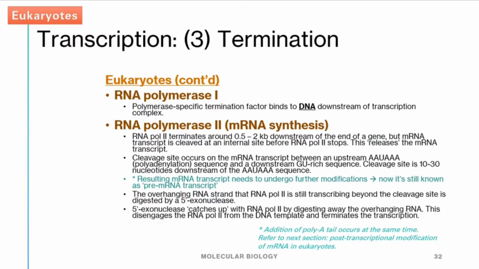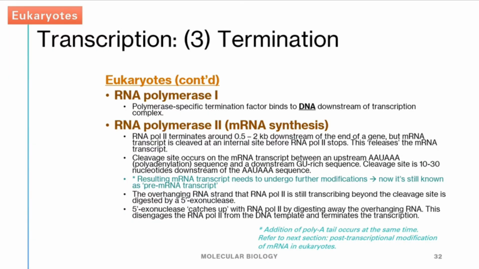The next slide will show you an animation of how the transcript is cut on the RNA by another protein. The cleavage site is usually upstream of the termination site, and it's usually quite rich in A, so it's usually an AA to AAA sequence.